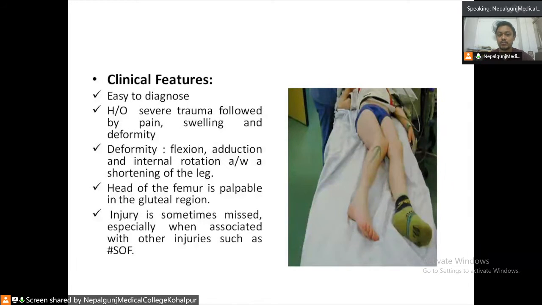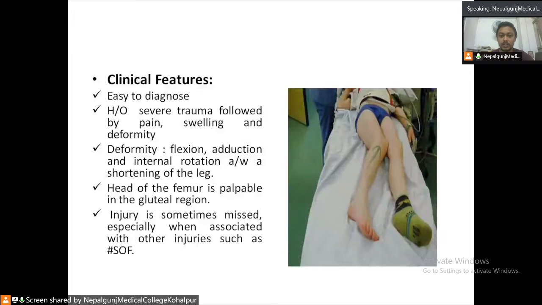The deformity is flexion, adduction and internal rotation of the leg. These three deformities are very commonly asked in exams, basically in MCQs, so you have to know them, and there is associated shortening of the leg.